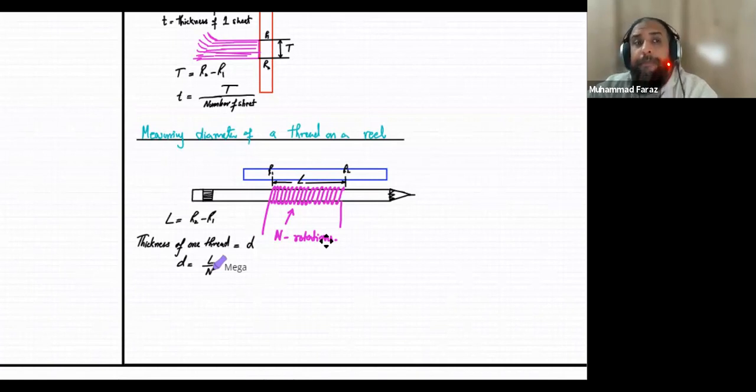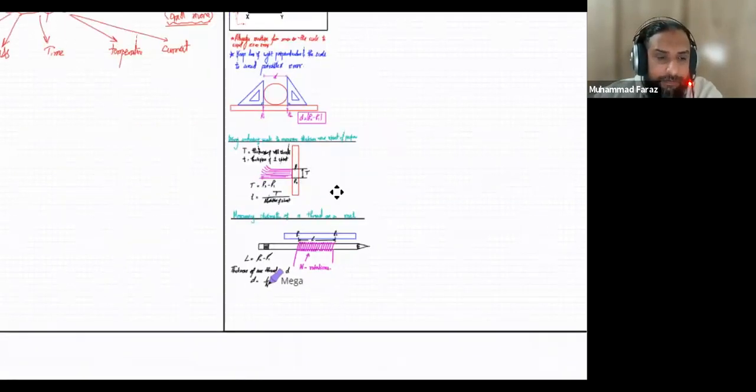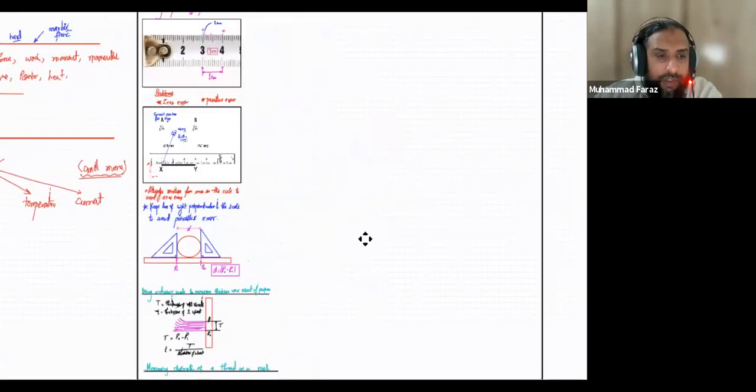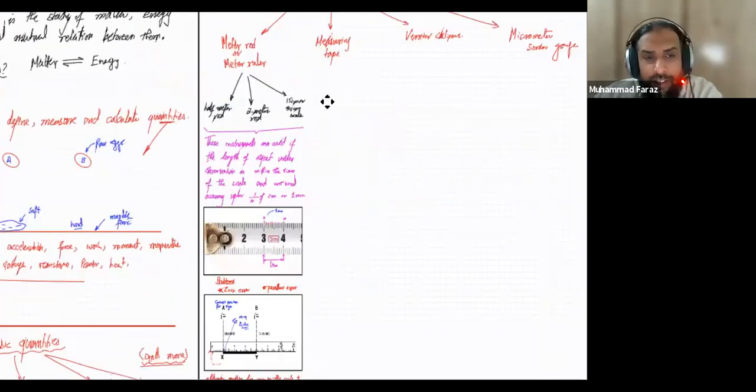But instead, if we repeat them side by side without leaving any gap, find their total length and their number, and use some mathematics and division, we can find out how thick a single thing is. So this is how you should be able to measure length using ordinary scales.